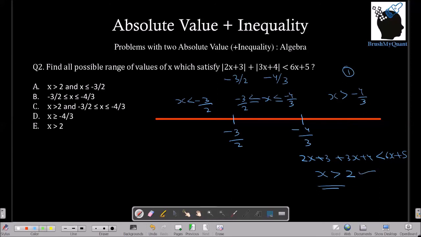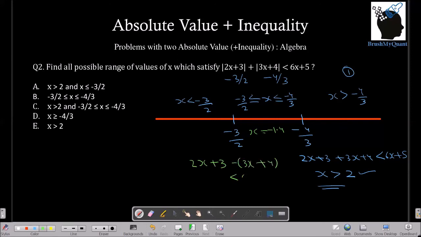Now let's take a value of x between minus 4 by 3 and minus 3 by 2. So we can take the value of x as minus 1.4. Once we do that, the thing inside the first absolute value will be positive and inside the second absolute value is negative. So the first one will open directly, so 2x plus 3. The second will open as negative.